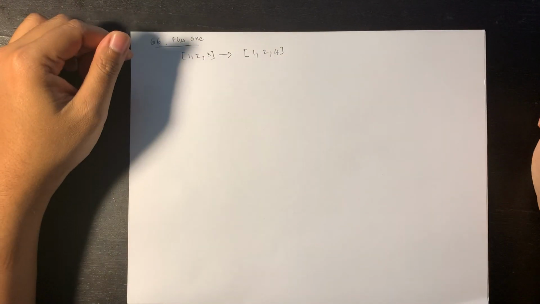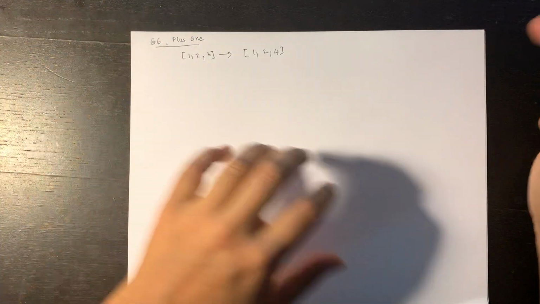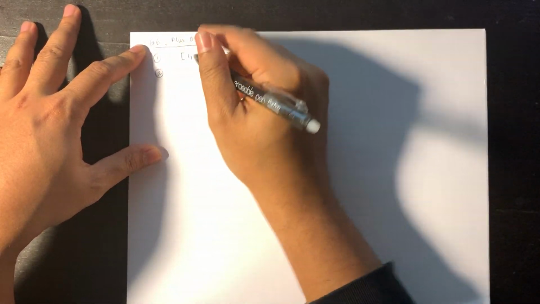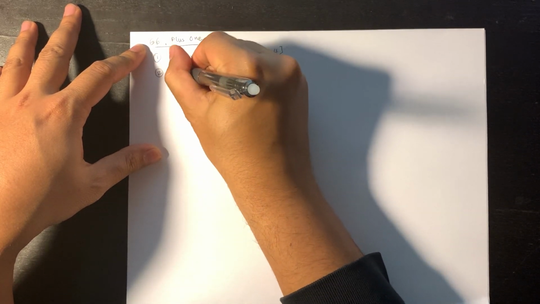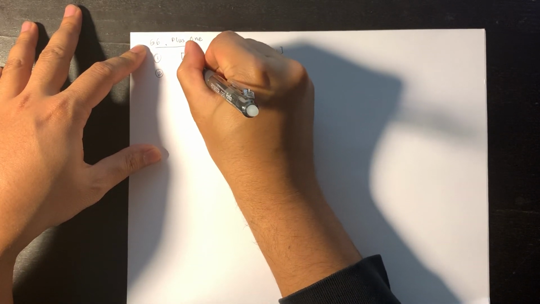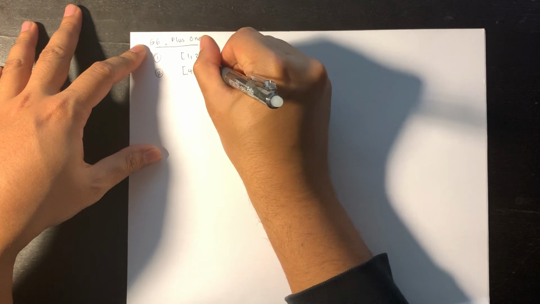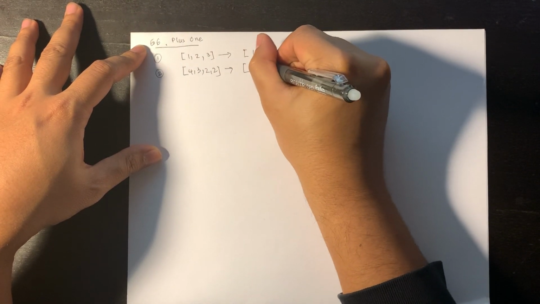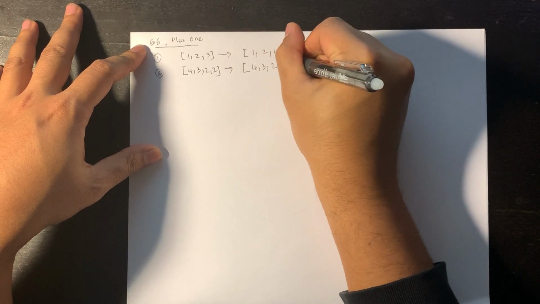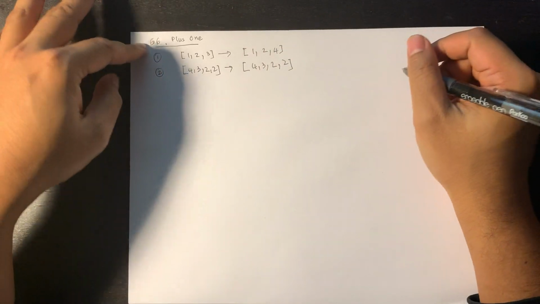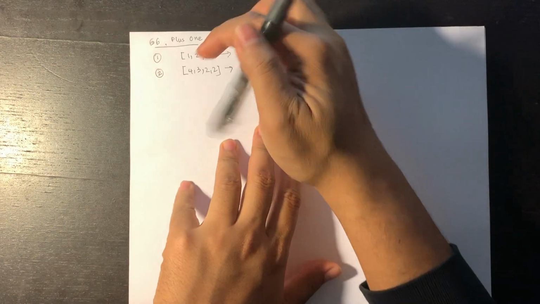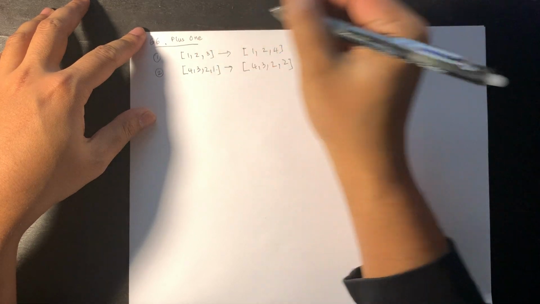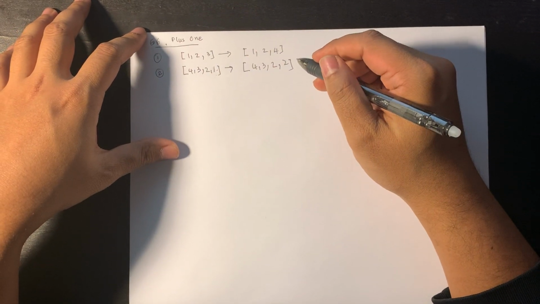So how would I do this efficiently? The second example that they gave is 4, 3. This might look easy and simple, but it might not be.